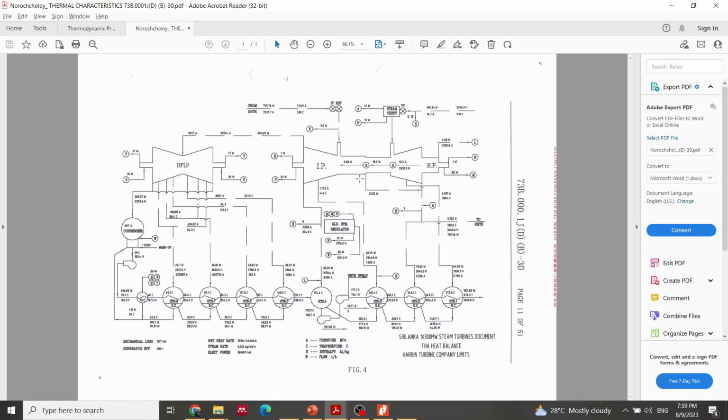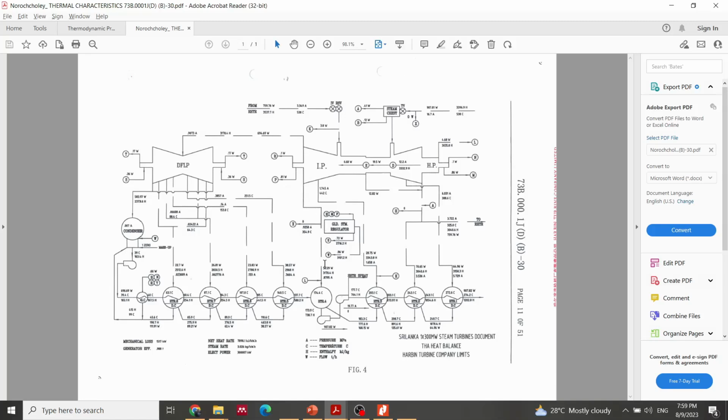So if you look at the path, steam enters the high pressure turbine, then goes back to the boiler, then from the boiler it comes back to the intermediate pressure turbine, right? And some of the steam is drawn off for feed water heating.